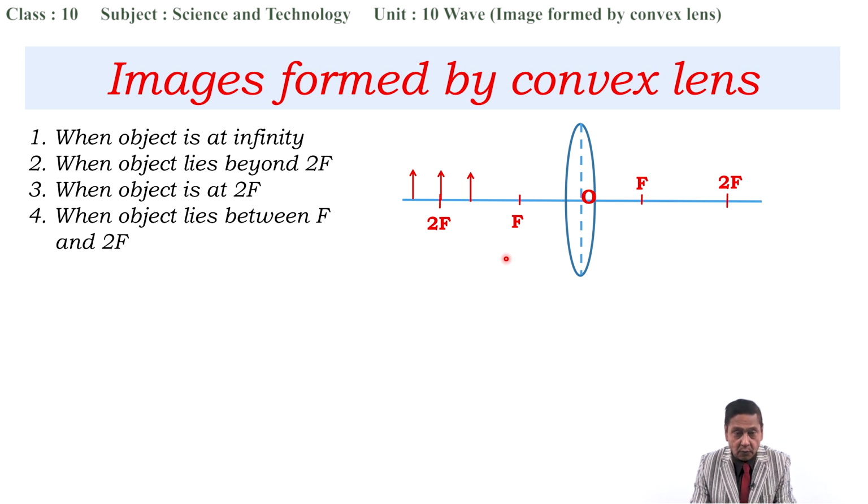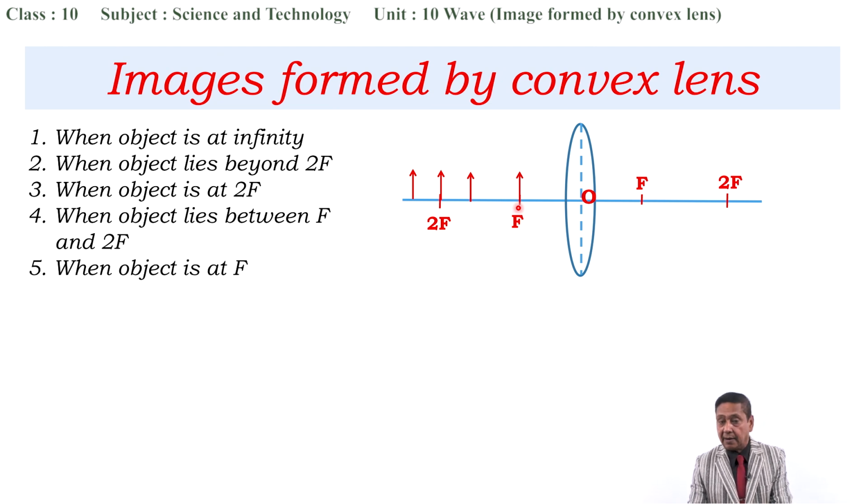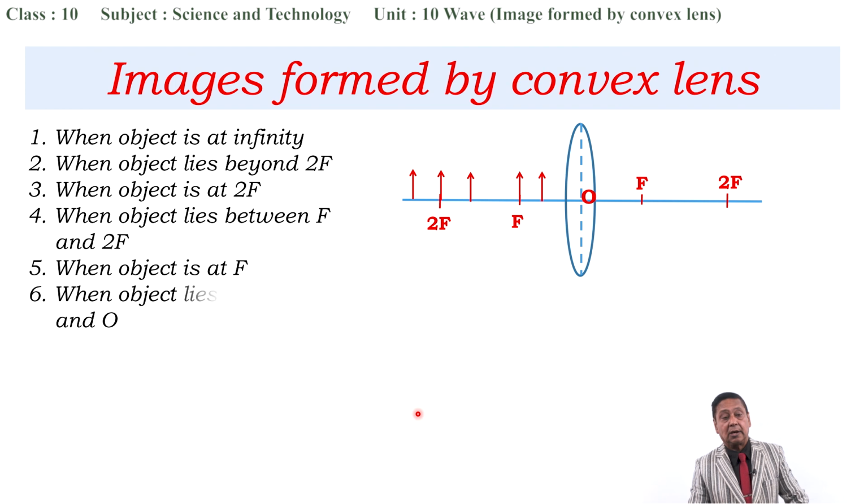Now it's turn of what? When object is at focus. And now again we are going nearer and nearer, in between F and O, somewhere here. Then the sixth condition will be when object lies between F and O.